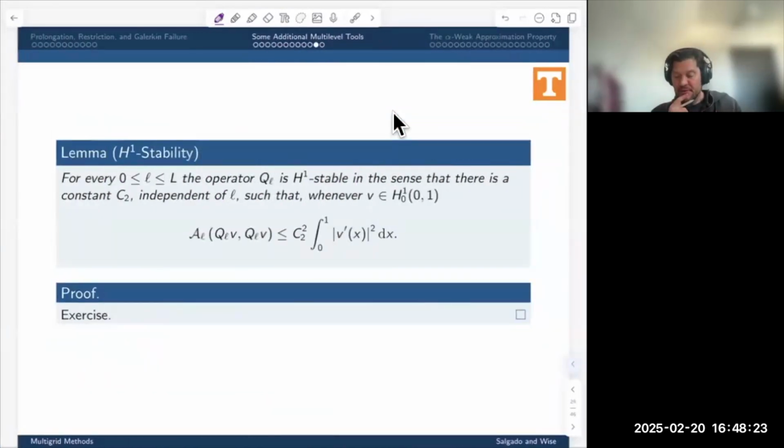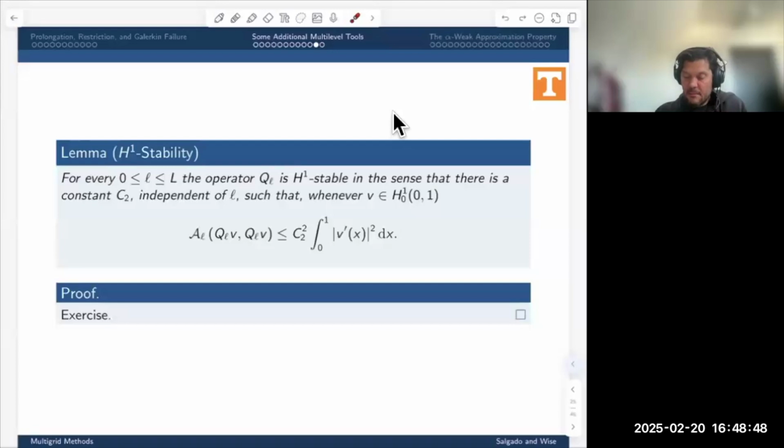Now, I need a couple of stabilities involving this thing we're calling the L2 projection. The first stability that I'm going to recall later, when we're in the heat of the section on the alpha weak approximation property, is something we're going to call the H1 stability of the L2 projection.